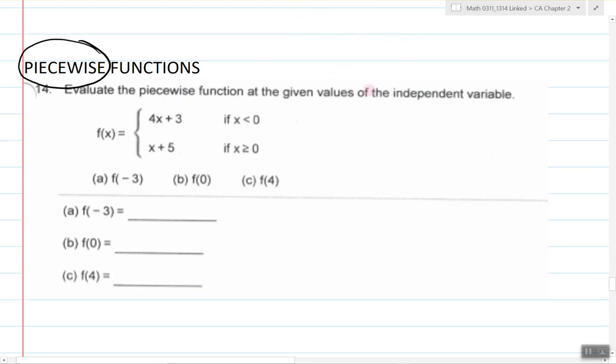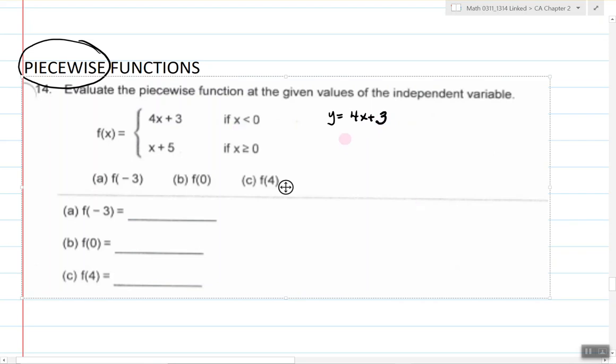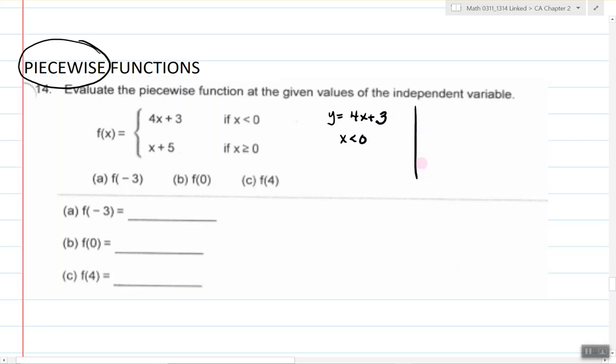But when you have a piecewise function, you get different pieces. This is saying f of x is equal to, I'm going to use the y notation. Y is equal to 4x plus 3 only if x is less than 0. But y is equal to this other definition, x plus 5, when x is greater than or equal to 0. 0 is the changing place.